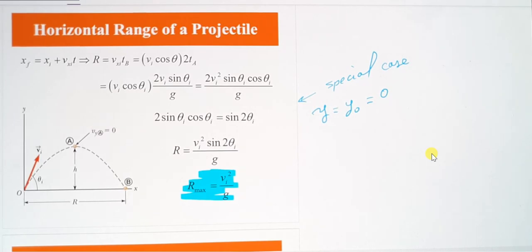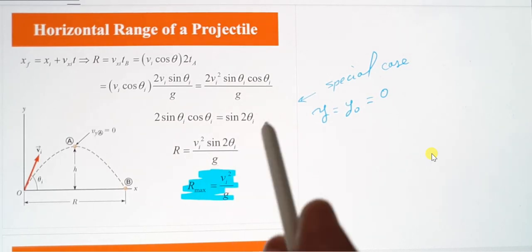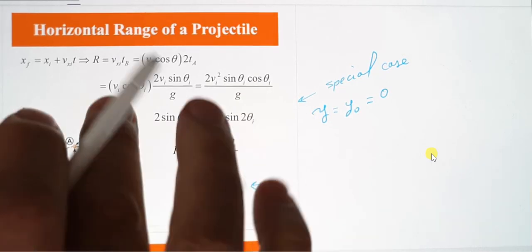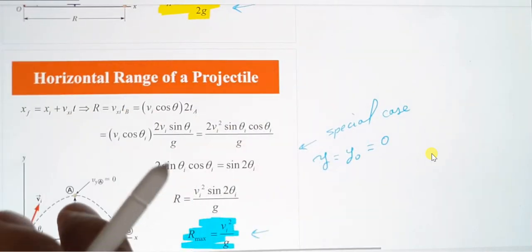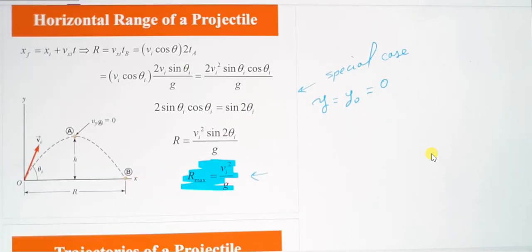If you revise chapter 3, when we talked about free fall, y naught is where we start our motion. So for me, I will not ask you for the derivation of this equation or this equation, because it's a special case.